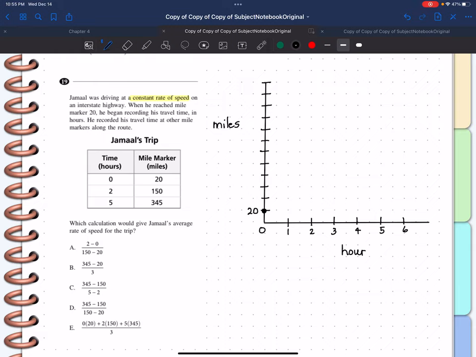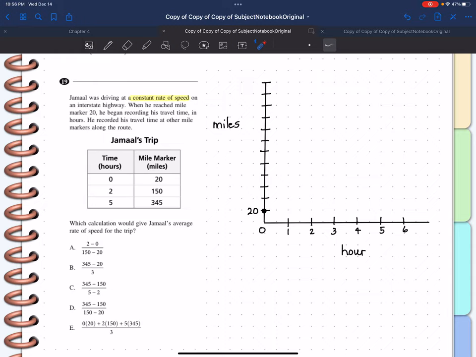So when I go to plot those, this is missing. I don't really know how to scale those miles. I don't know how to scale that y-axis. And that's a clue to this problem. That's a clue to the solution of this problem.